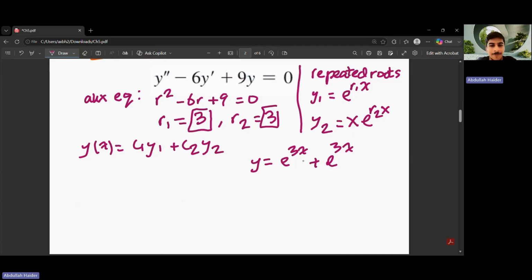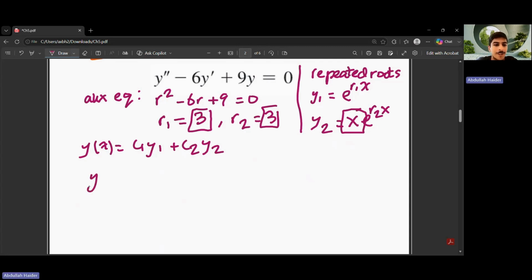And if you find the determinant of the Wronskian, it will be equal to 0, which is not what we want. We want the solution to be independent, and this is the reason why we put an x beside e power r2x this time.